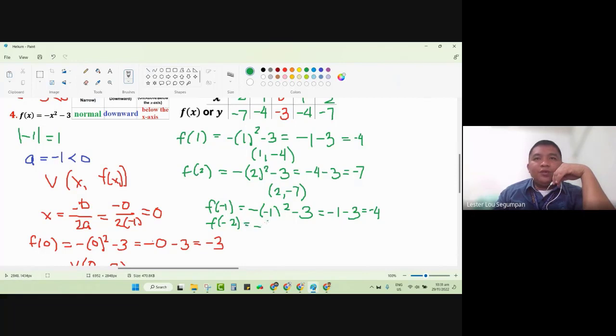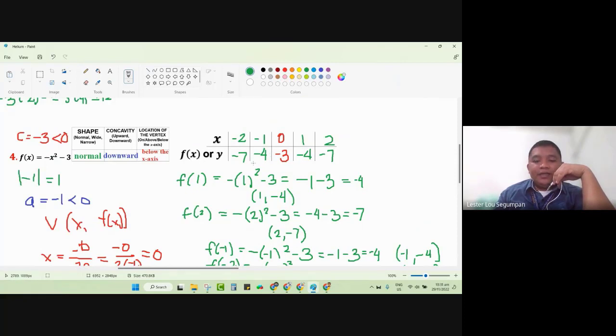You cannot use the double negative property. You need to apply the power law or the exponentiation first. So you will have the negative of the square of negative 2, which is 4, minus 3, which gives you negative 7. So the additional points are negative 1, negative 4, and negative 2, negative 7. Same as the predicted pattern here.